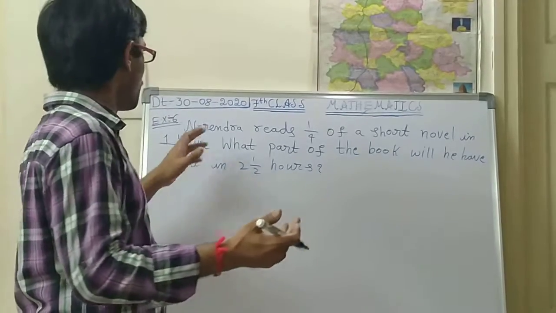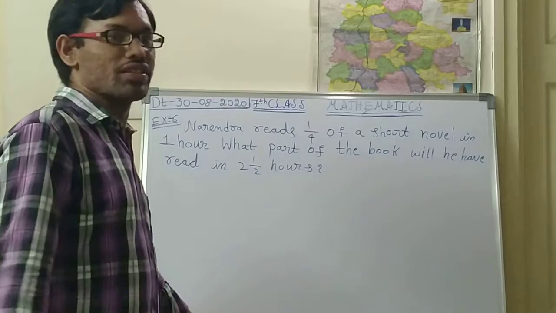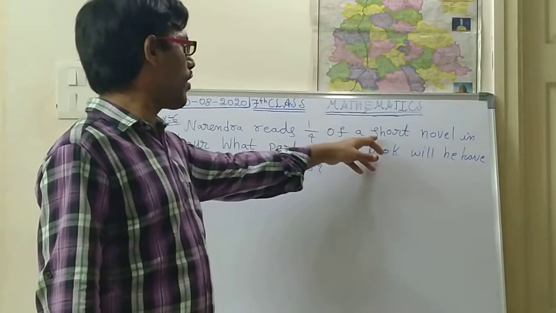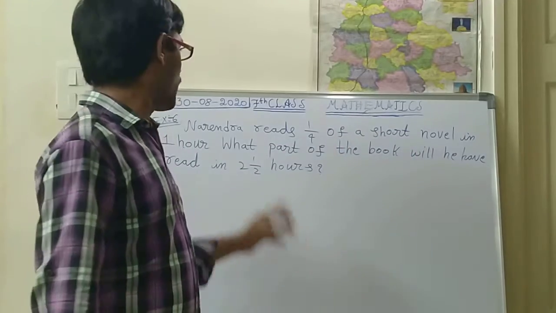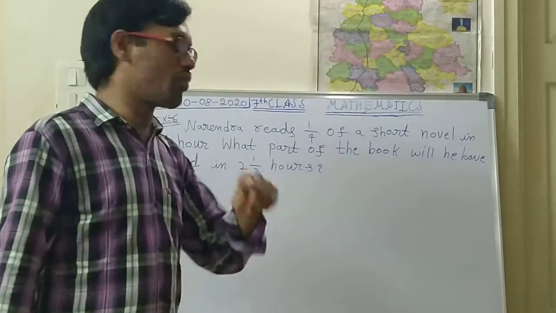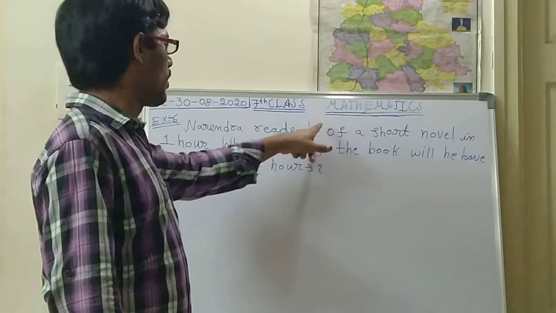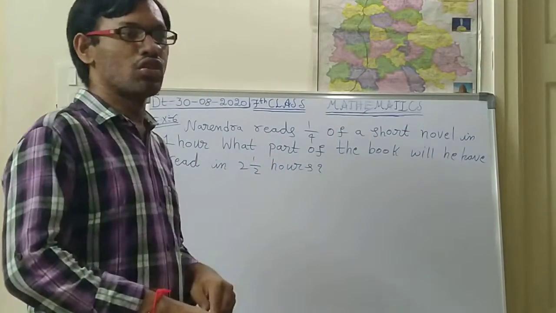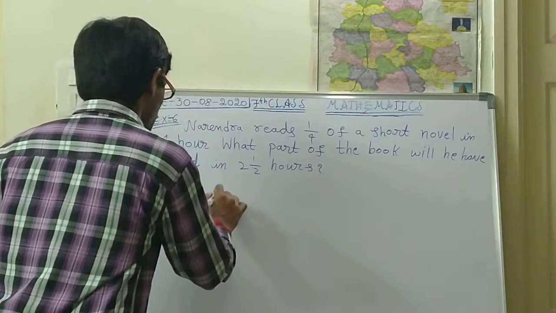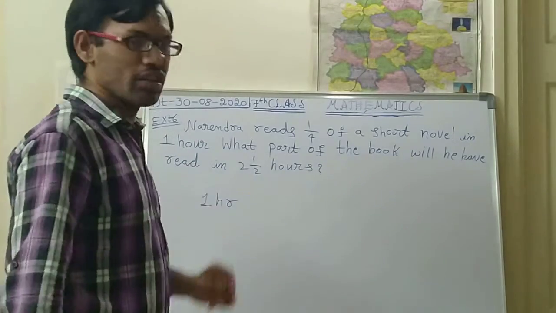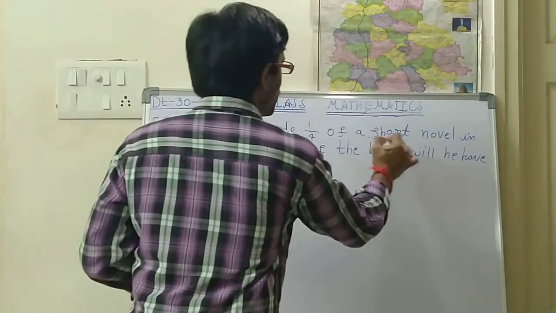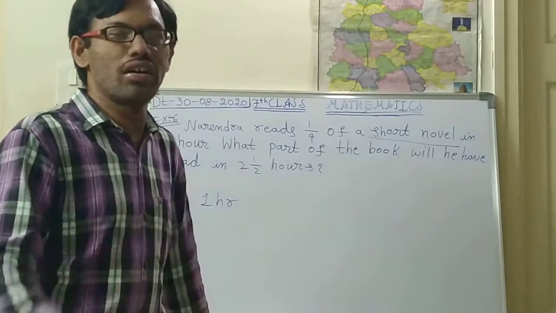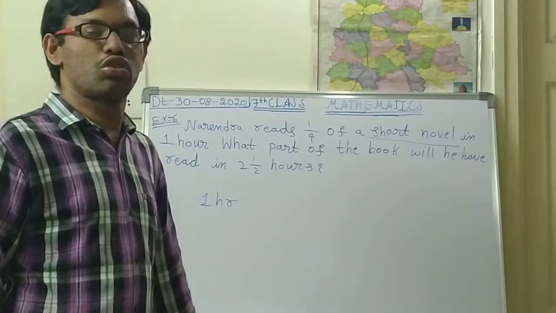Here is the word problem. Narendra reads 1/4 of a short novel in 1 hour. Narendra is one boy. A short novel means a short magazine or any story book.